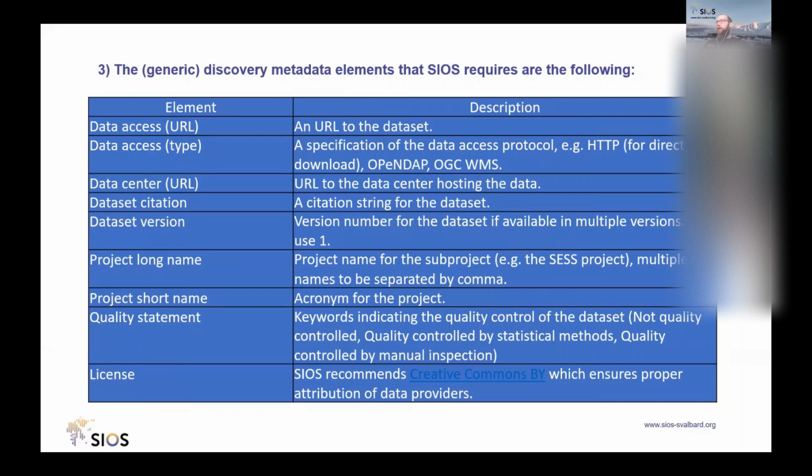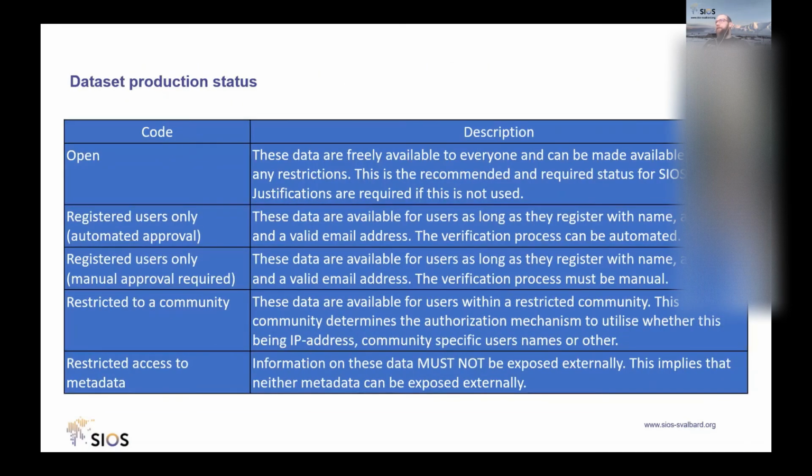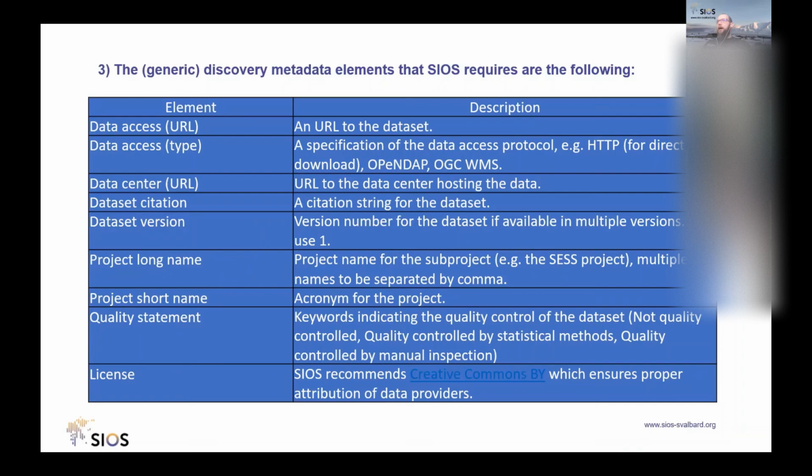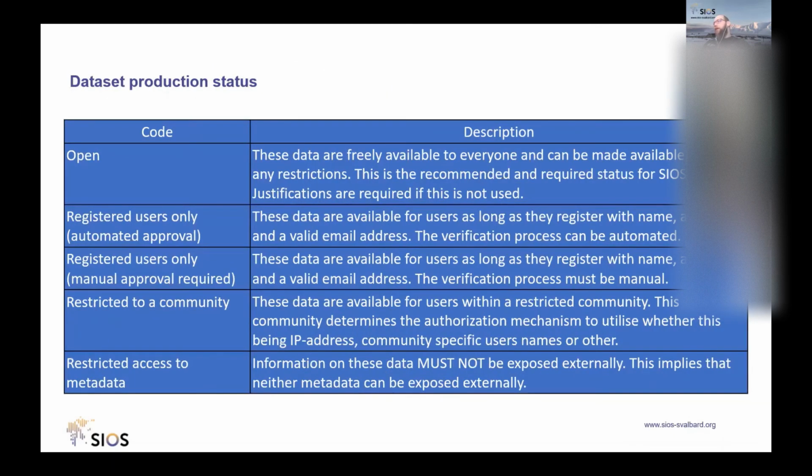If it's possible, also the quality statement and information about the license. So some of this information that we are delivering to have a proper description of the metadata follows, of course, the standards. And we are using quite a lot of standards from the VIGOS to have a proper description of the localization.